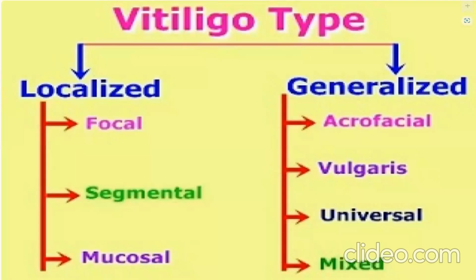Then types, there are two main types, localized vitiligo and generalized vitiligo. In localized, there are three types, focal, segmental and mucosal. And in generalized, acrofacial, vitiligo vulgaris, vitiligo universalis and mixed type.